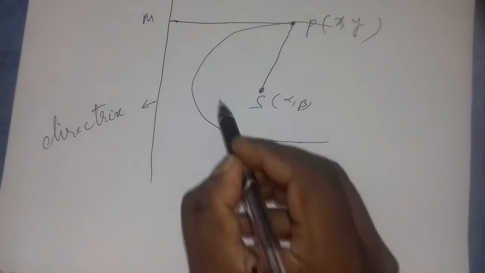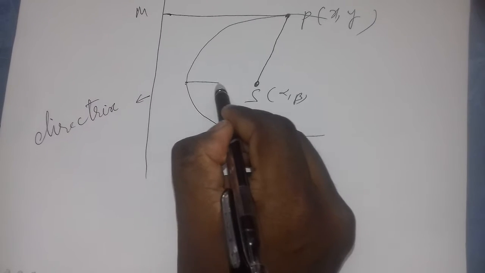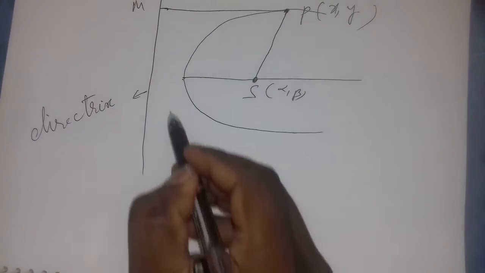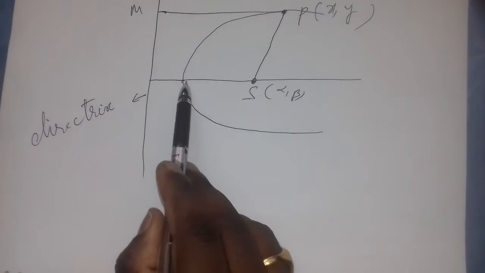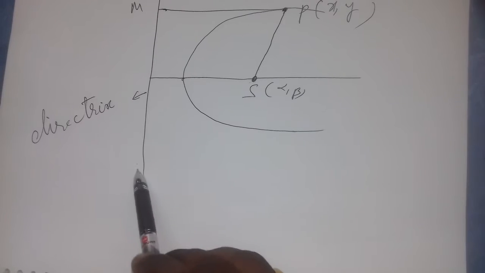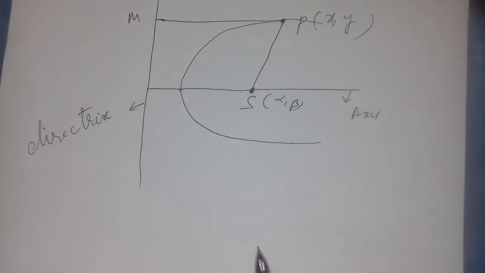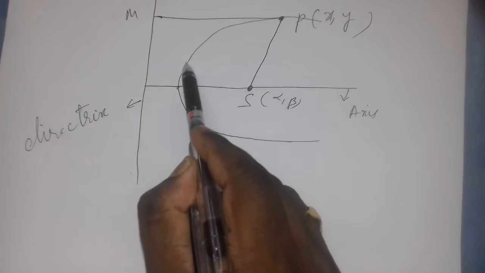The axis is a line which passes through the focus and is perpendicular to the directrix. So this is the axis. Next we have vertex, the point of intersection of the curve with the axis.